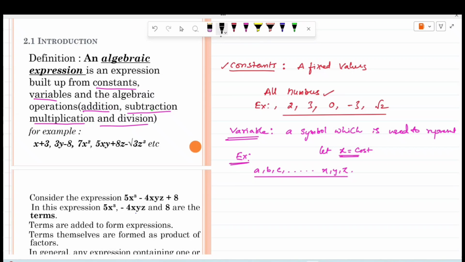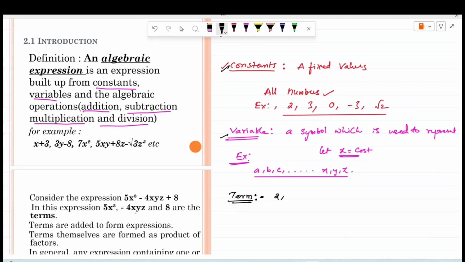Got it? And the next one we should learn is term. What is meant by term? The combination of variables and constants. In other words, a constant alone or a variable alone, or both combined together.